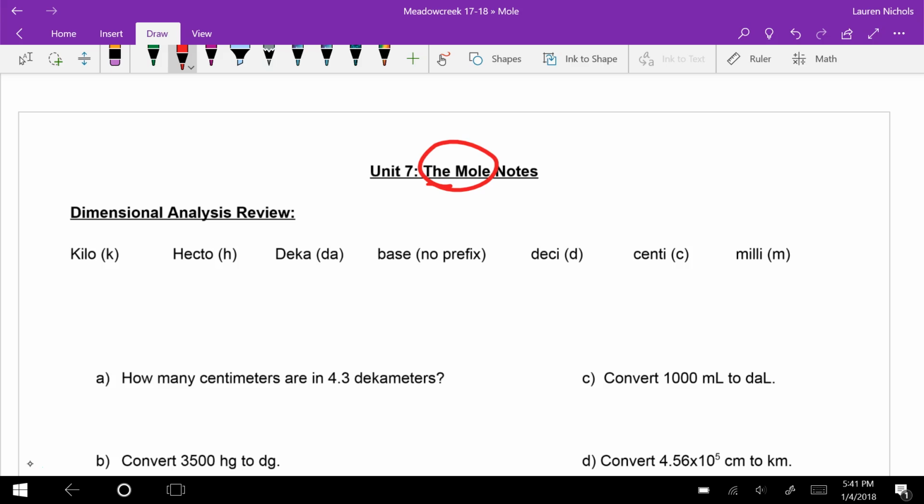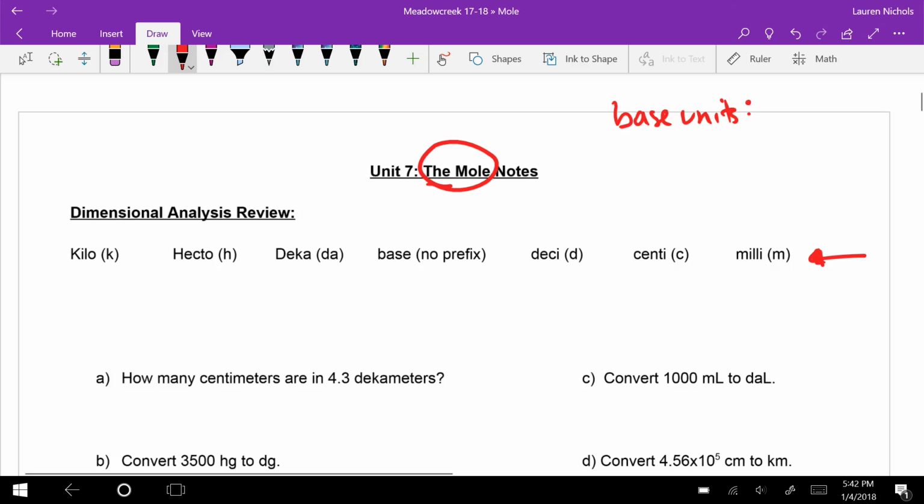So we want to make sure that we go through a few things. Now remember, with dimensional analysis, we've been using this for metric conversions. And when we've been using metric conversions, we have been using the prefixes that go along with them. So kilo, hecto, deca, a base unit, which would have no prefix, deci, centi, and milli. Now, as a reminder, your base units are dependent on what type of measurement you're making.